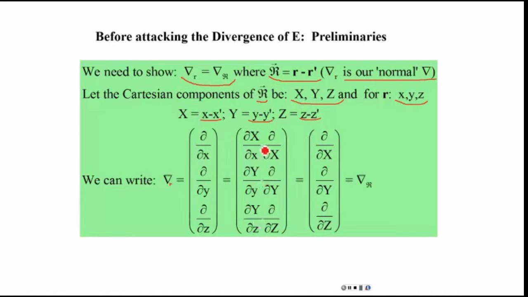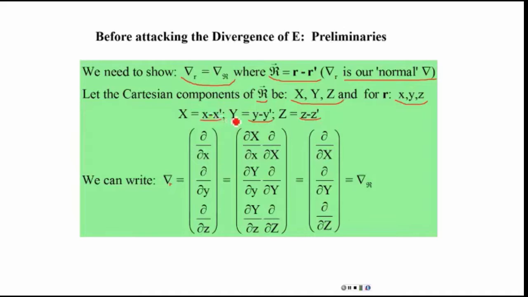If you take capital X and differentiate it with respect to little x, you get a 1, minus the partial of the primed x with respect to this x. These two are independent, so that will be 0.